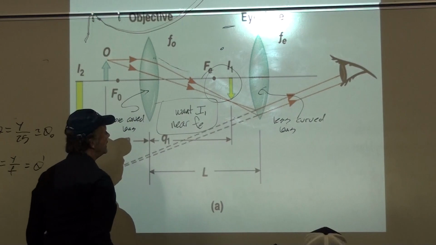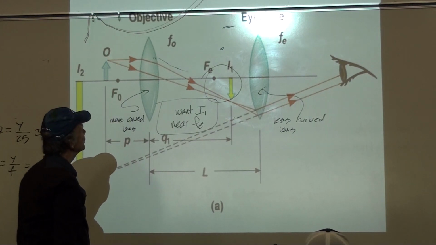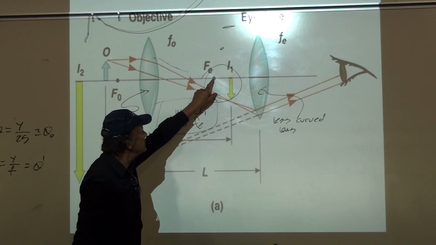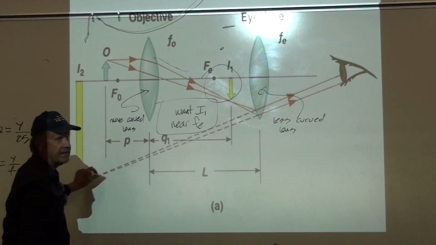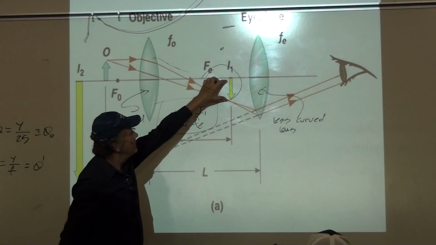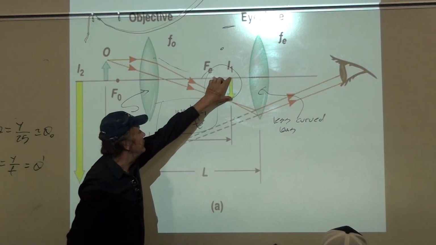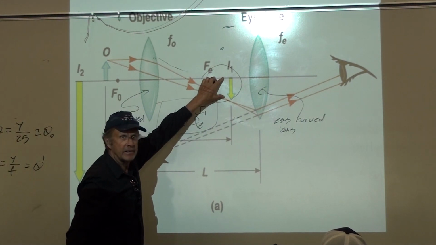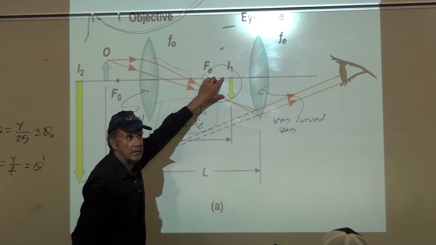And so you want that image then to be the source of light for the second lens. So you put it just inside of the eyepiece lens, and then it's like a simple magnifier. The image is just like a source of light. So if you put it just inside of the eyepiece lens, then from that point on, it's just like the simple magnifier that we looked at in the previous problem.